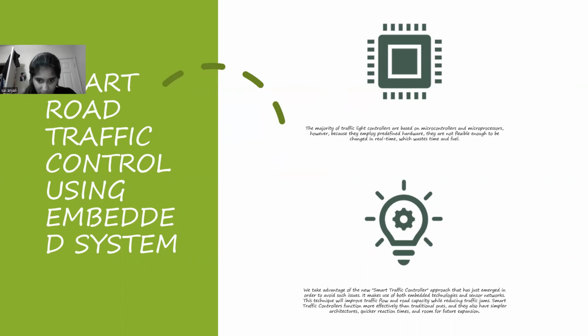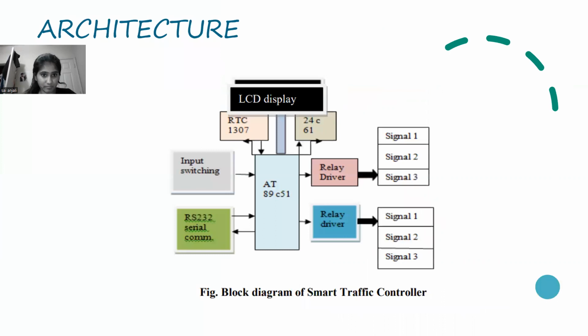We can take advantage of the new smart controller approach that has just emerged in order to avoid such situations. It makes use of both embedded technologies and sensor networks. Traffic controllers function more effectively than traditional ones, and they also have simpler architecture.